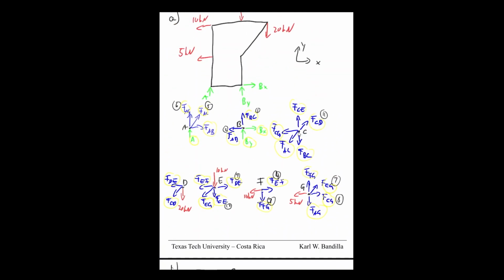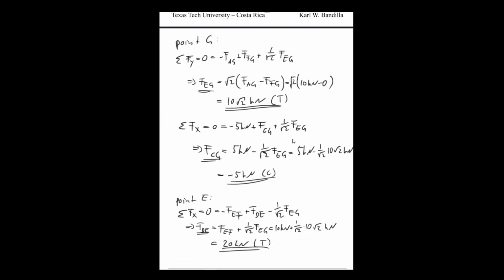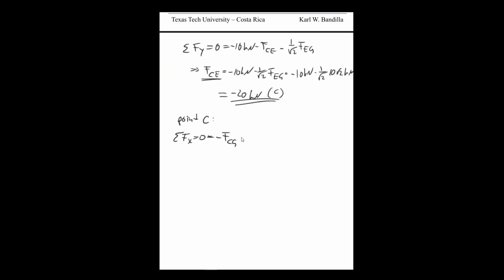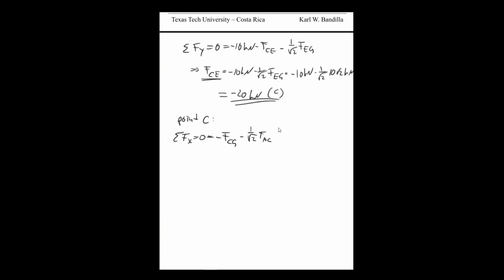In the x direction we have minus FCG, minus AC at an angle, minus FAC there, and then FCD also at an angle but plus 1/2 FCD.